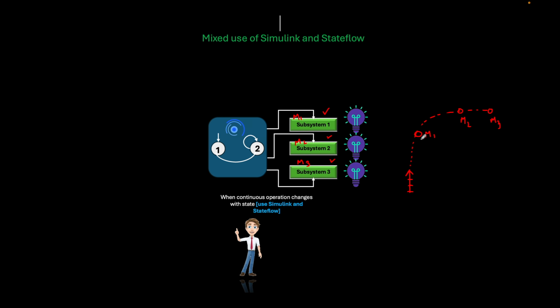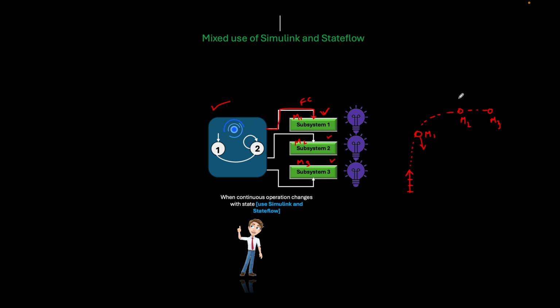Suppose the mass is being dropped properly, then you will be switching to the next state, and based on that you will get some update inside your logical system, and that logical system will send a signal that we are at status 1. That will send a signal or a function call, and that will activate subsystem 1.